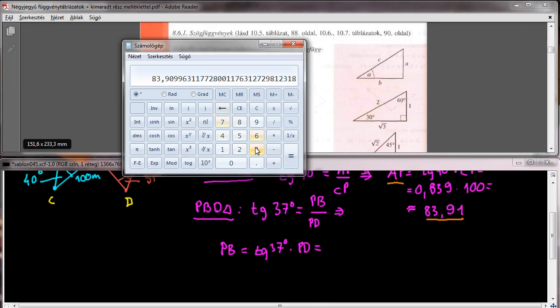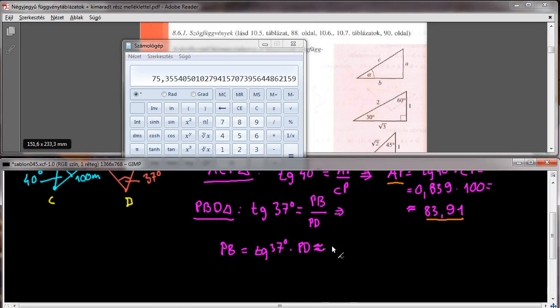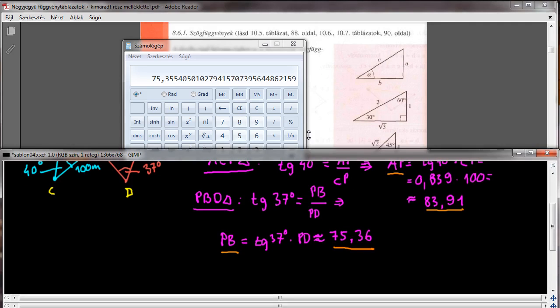Now tangent of 37 degrees is 0.75 times 100, which is around 75.36, or with a comma in Hungarian. It's different. All right, so PB is 75.36.